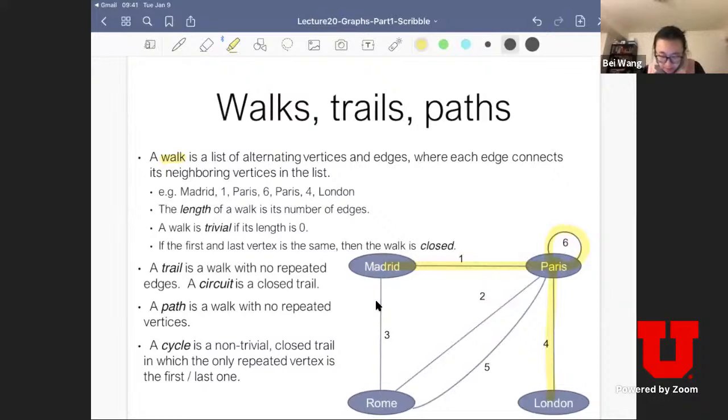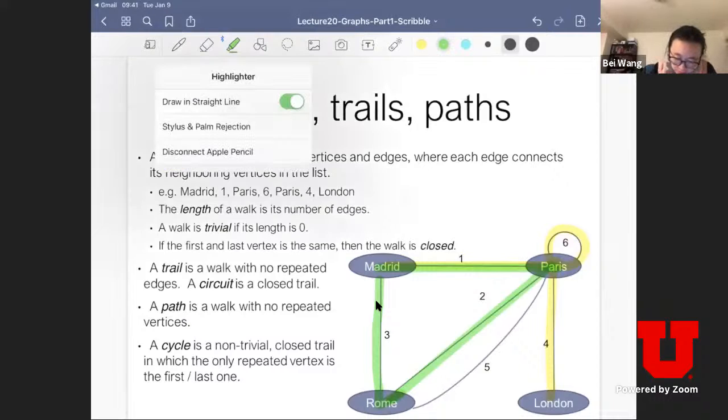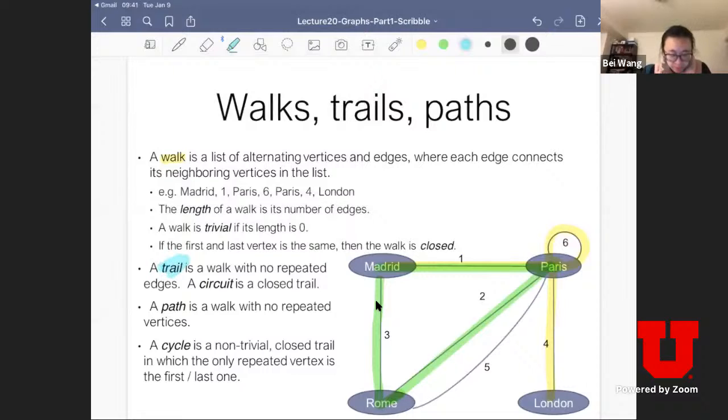For example, if I go from Madrid to Paris, from Paris to Rome, and from Rome back to Madrid, this is a closed walk. Now the next concept is the idea of a trail.